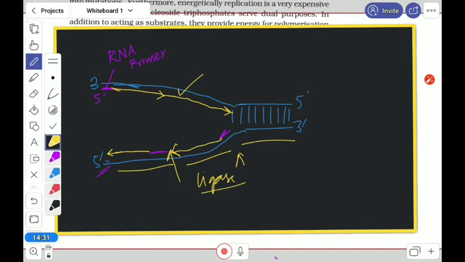It will seal all this, then everything will look the same. And the RNA primer is replaced by DNA afterwards. This RNA part will be replaced by DNA.